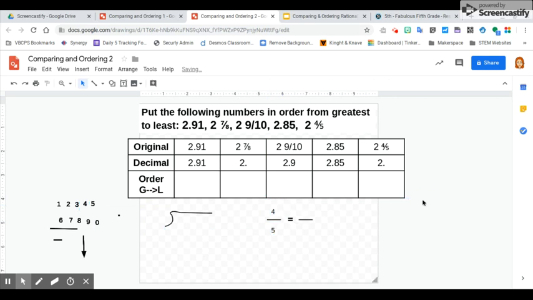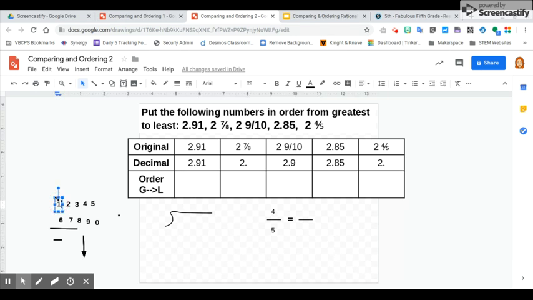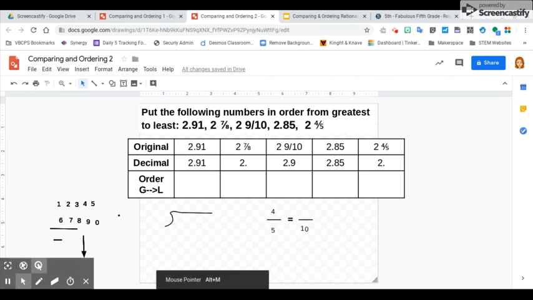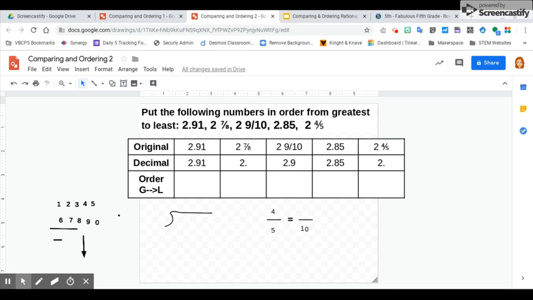Now I say this one is easy because I know that I can make it into an equivalent fraction with 10 as the denominator. Because 5 was the original denominator and that became a 10, the question is, what do I do to 5 to get 10?